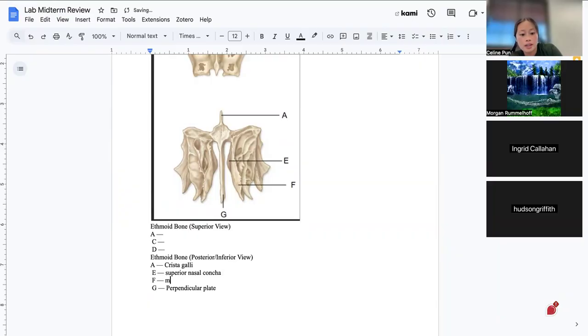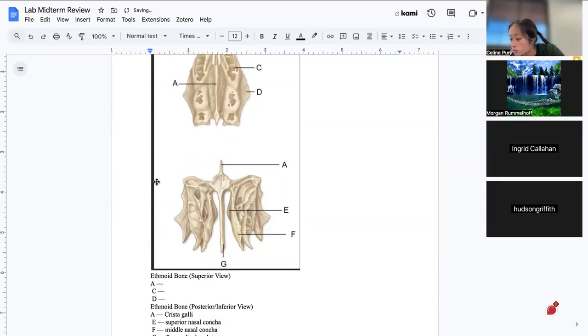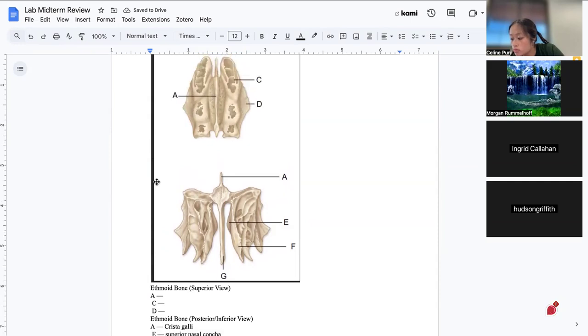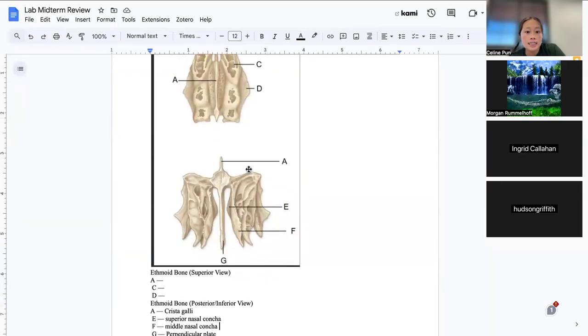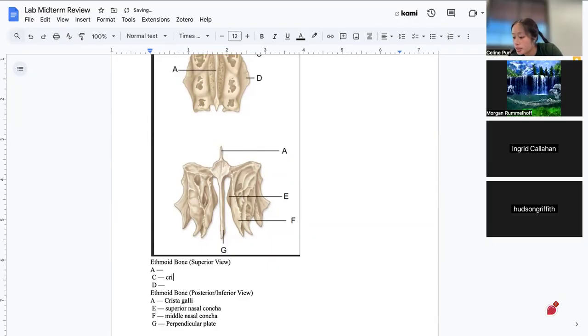Oh, it is. Okay. B is the cribriform plate.